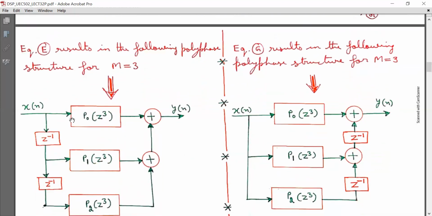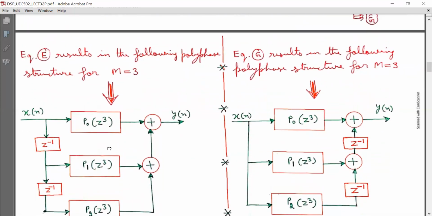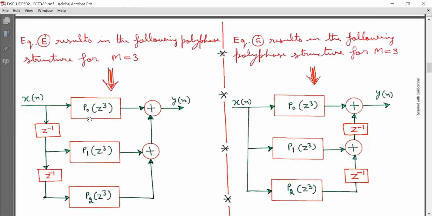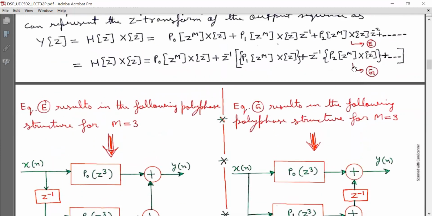So this is the structure corresponding to equation E. Now here it is X(Z), here it is X(Z) into Z^-1, here it is X(Z) into Z^-2. Now this X(Z) is going to be multiplied by P0(Z^3), and then here we are going to add it, and like this we will do with all the blocks, and we will have Y(Z) based on equation E.